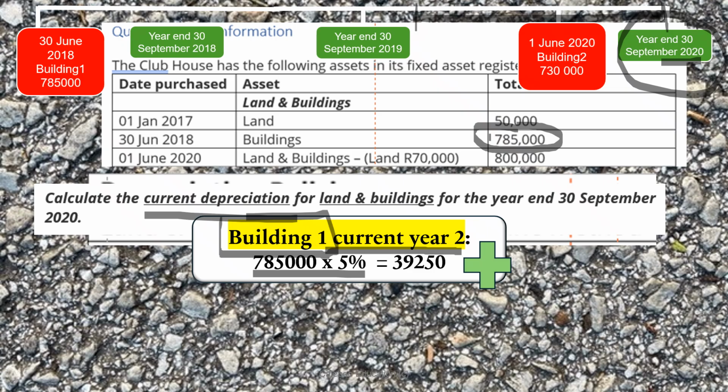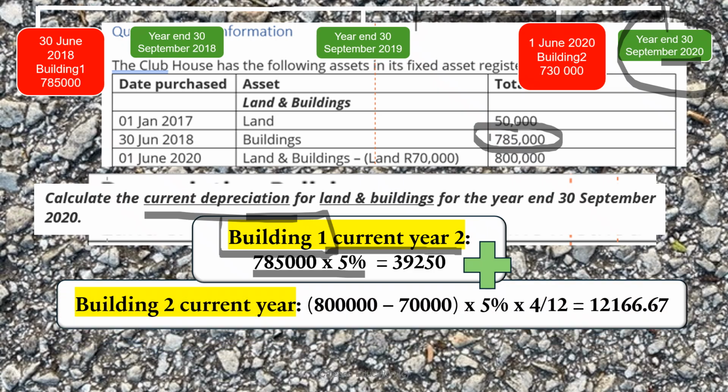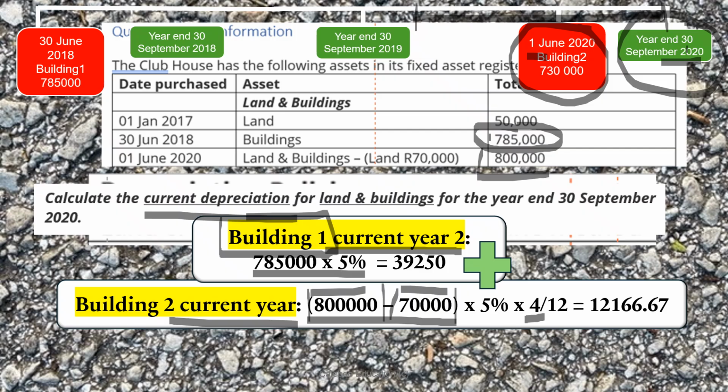Plus, we want the current depreciation of building 1 and building 2. Now, building 2, remember, we have to take off the land portion. And building 2 was purchased on the 1st of June. And from the 1st of June to the 30th of September is 4 months. So land and buildings, there it says there, is 800,000.